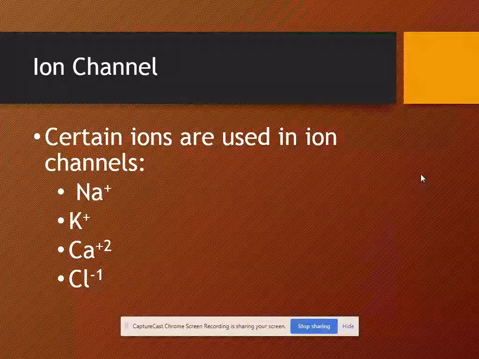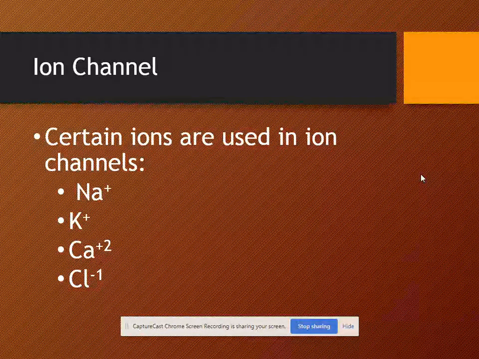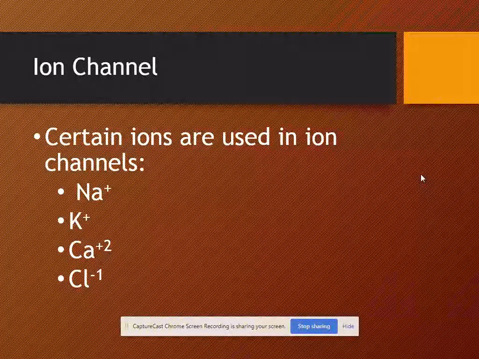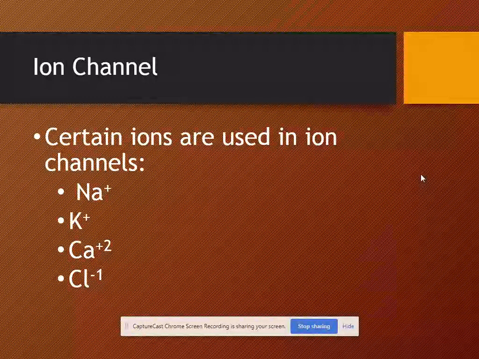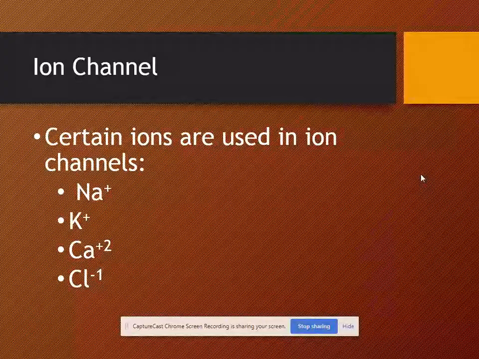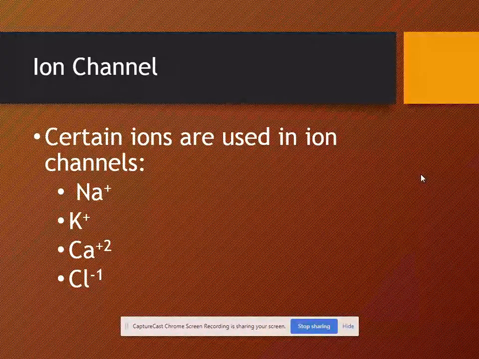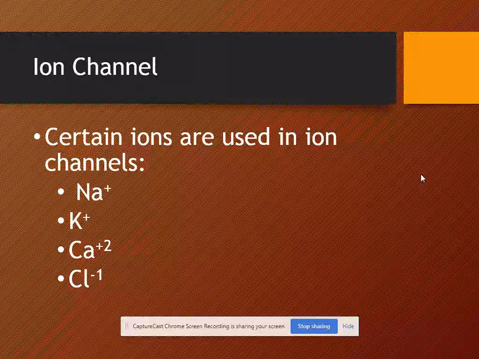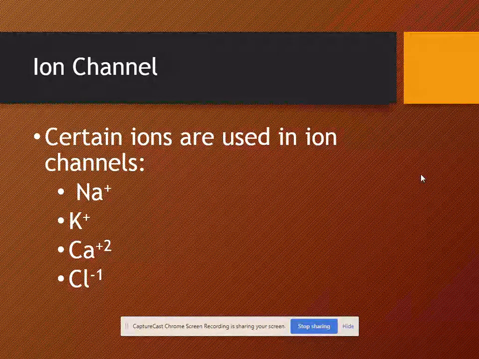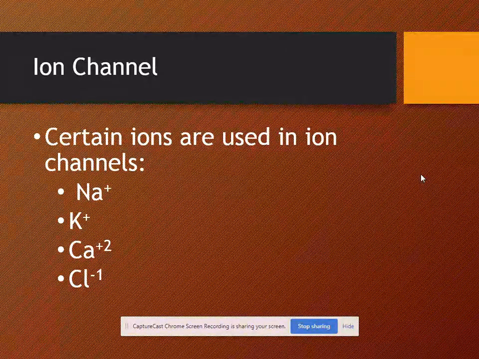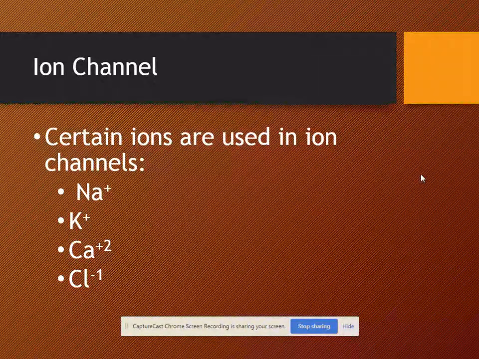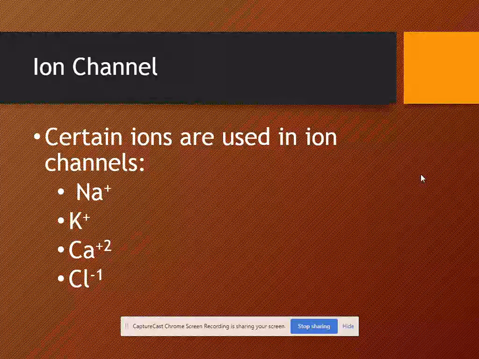There are certain ions that are used in these channels. The top three I give you, sodium ion, potassium ion, and calcium ion, are considered cations. If you remember back to chapter 2, an ion is a particle with a charge, and a cation is a particle with a positive charge. So you can see sodium, potassium, and calcium all have positive charges.